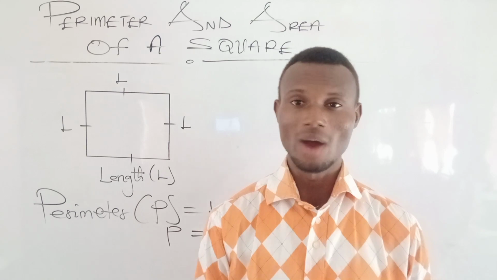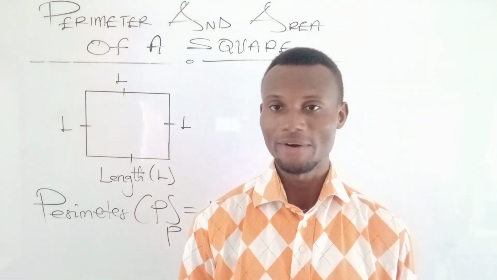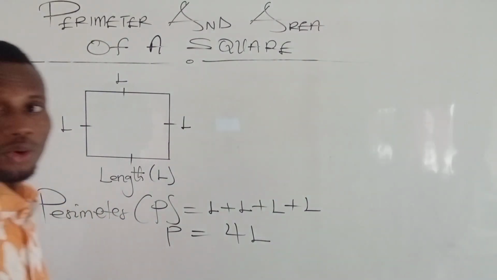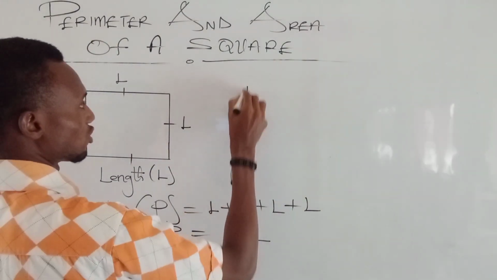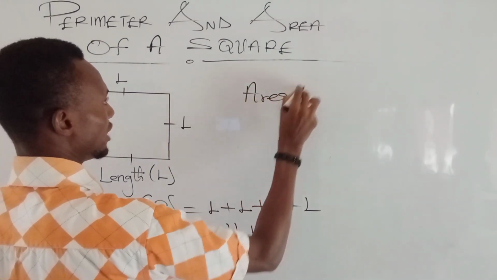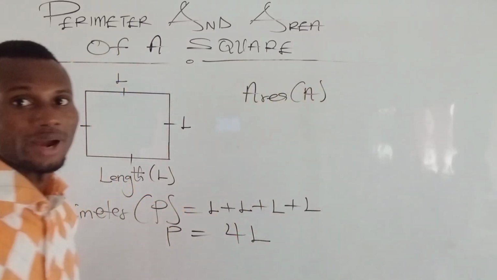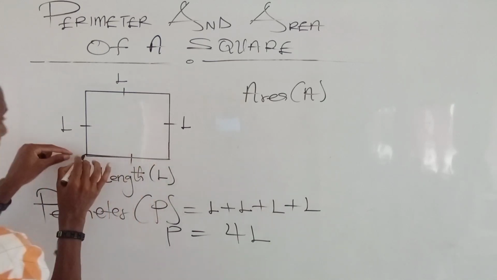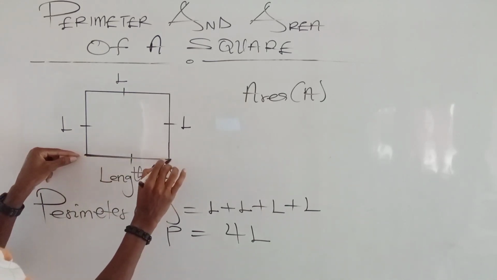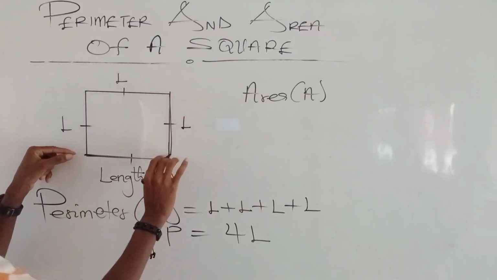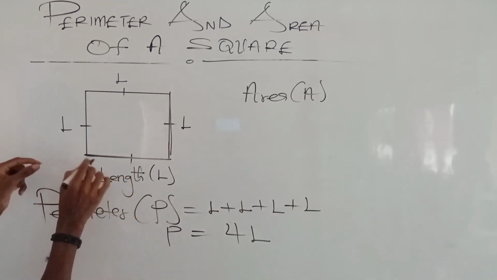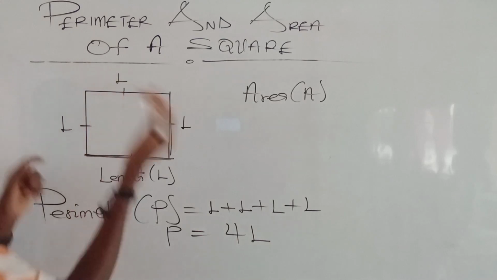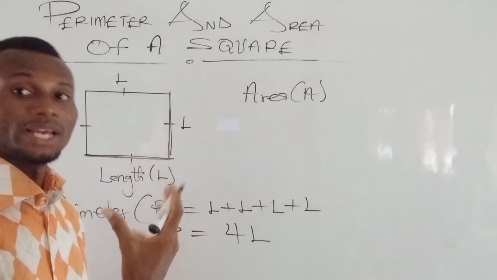Now let's go ahead and talk about the area of a square. Let me continue from here. The area, in brackets A, of a square is just one of the lengths, the horizontal length here, times the vertical length. So if you pick one of the horizontal lengths times one of the vertical lengths, it gives the area.